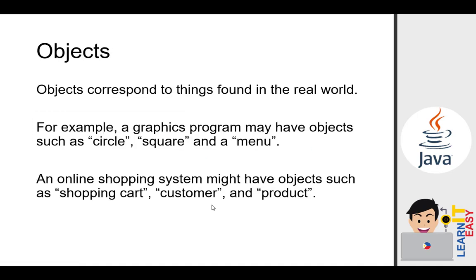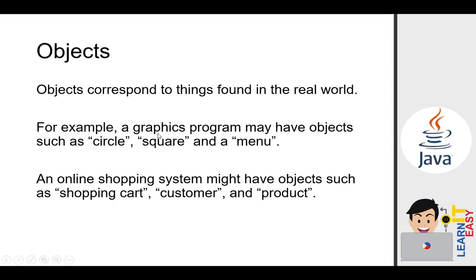So, objects. Objects correspond to things found in the real world. For example, a graphics program may have objects such as circle, square, and a menu. An online shopping system might have objects such as shopping cart, customer, and product. Gaya nga na diniscuss ko kanina, yung mga objects sa programming, pwede silang i-incorporate or i-relate sa mga real-world objects.